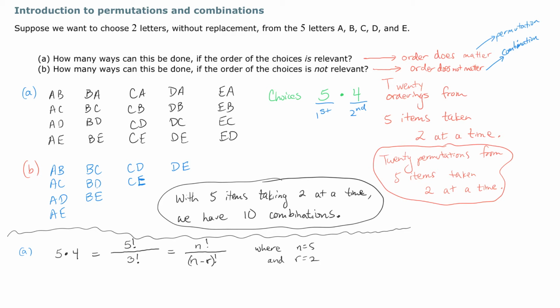So when we write n items and permute r of them at a time, we simply have this formula, n factorial over n minus r factorial.